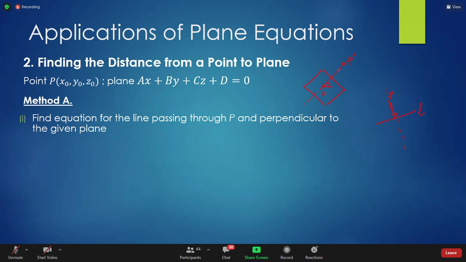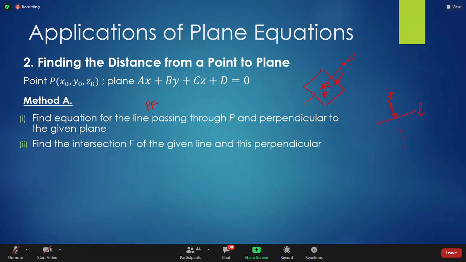But if we can find this equation for the line, in this case PF, and I would say that F is the foot of the perpendicular. That's why I put the letter F. So F is the intersection point, but we need the direction vector for this line and a point on this line, P. When we have this equation, we will find the intersection of this line and this plane.